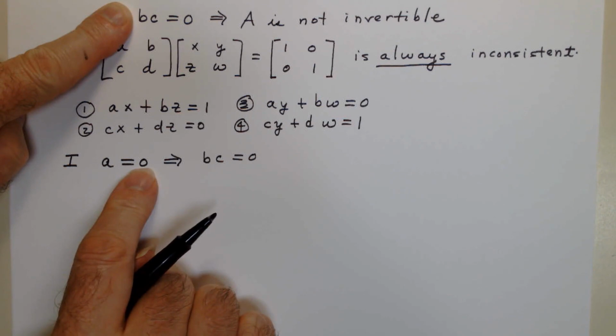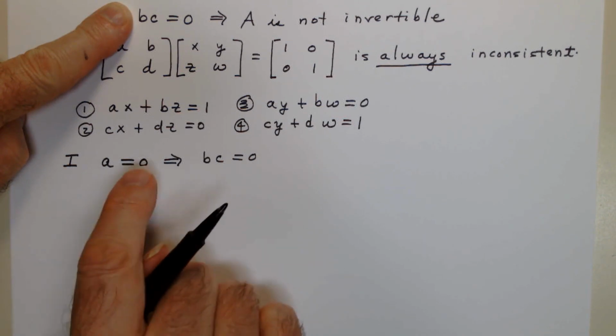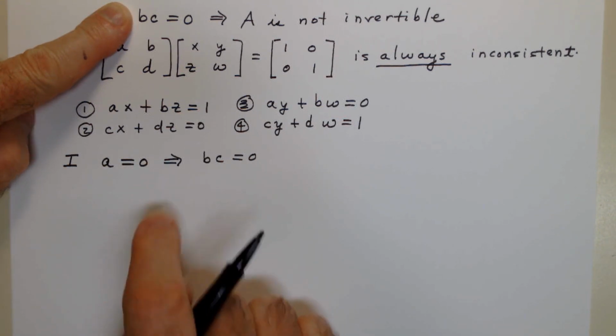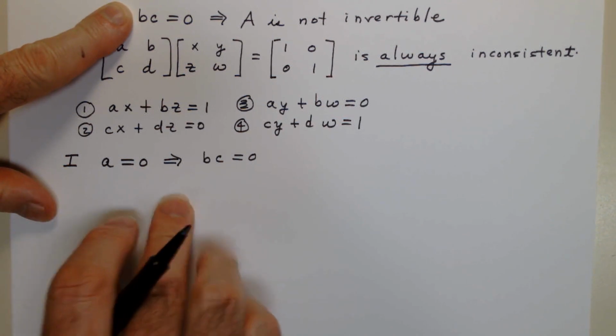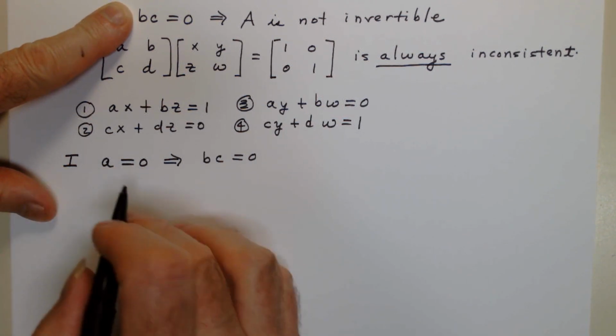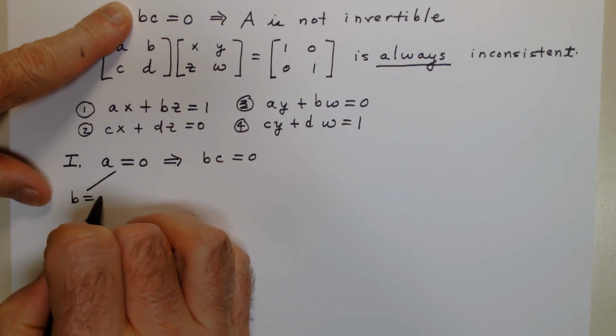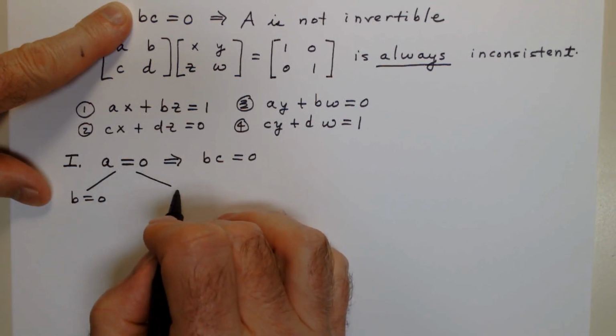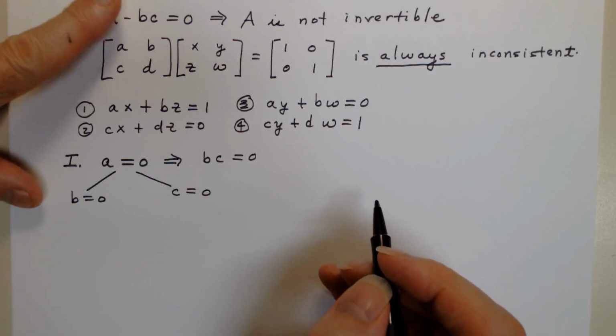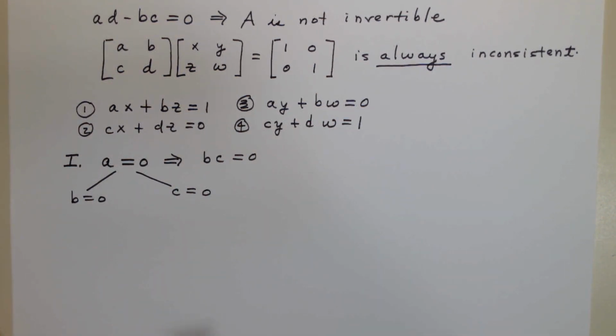A is equal to 0 and b is equal to 0, or a is equal to 0 and c is equal to 0. So let's look at those two branches off of this first case. Let's look at the consequences of both of these, okay?